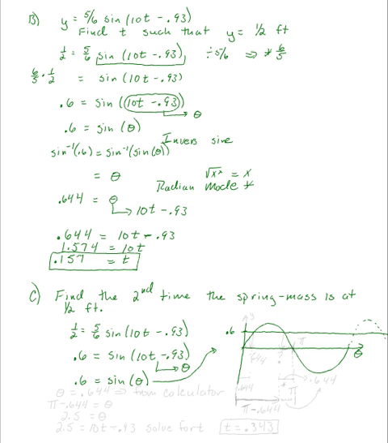Now when you push the inverse sine button on the calculator, this is the first one you get, which is our 0.644. So when I push the inverse sine the first time, I get theta equals 0.644 from the calculator.